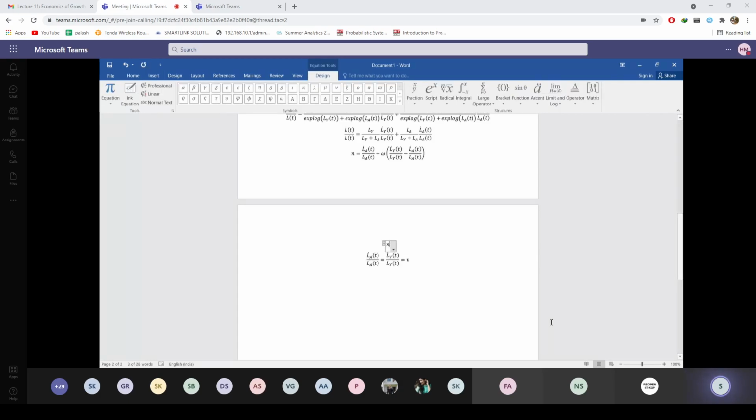N equals this term plus, I will call it SR, the fraction of labor force devoted to technological production, the production of technology. This part is unchanged.